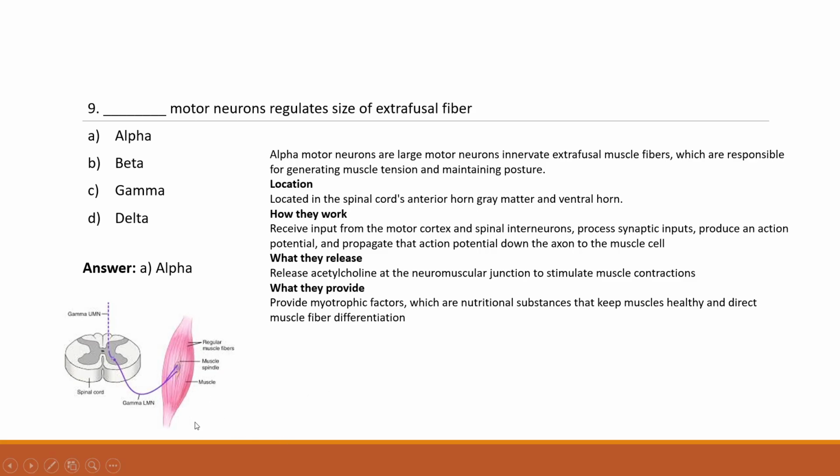So during the developmental stages, when muscle fibers have to become different types of muscles, all these myotropic factors will help in their differentiation. And then during growth, if there has to be generation of more muscle fibers, then also these factors come into play.